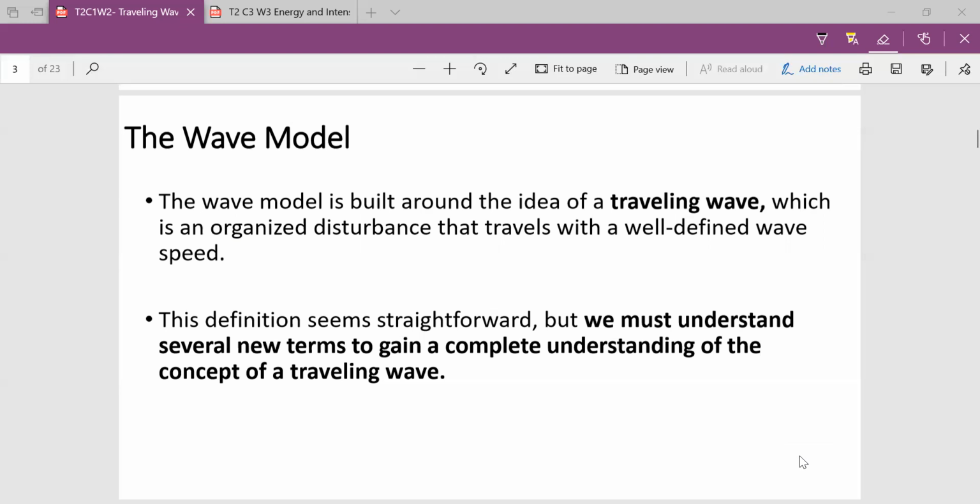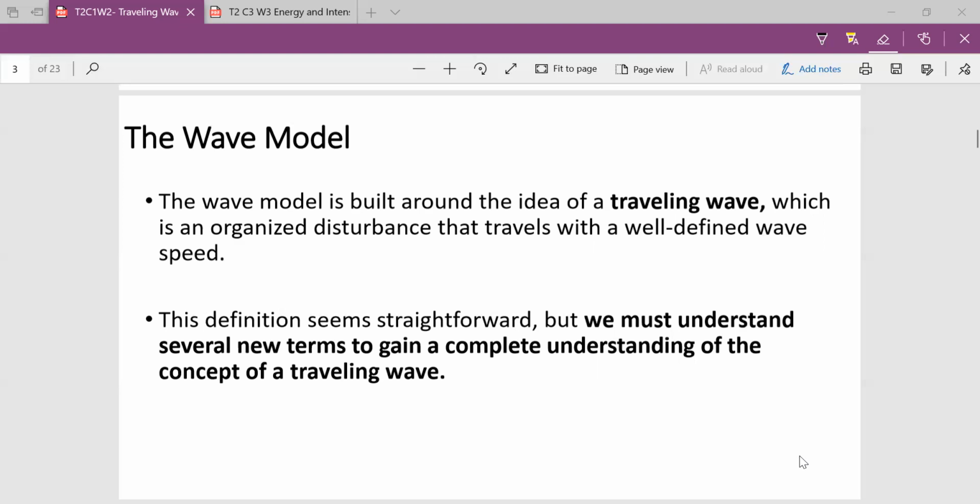Okay, so the wave model is built around the idea of traveling wave, which is an organized disturbance that travels with a well-defined wave speed. So because it's the disturbance that happens in the whole system, we just cannot use a dot to represent it. So when we talk about model, we're talking about the wave model with respect to traveling waves and how they relate or what they have in common with other wave types.